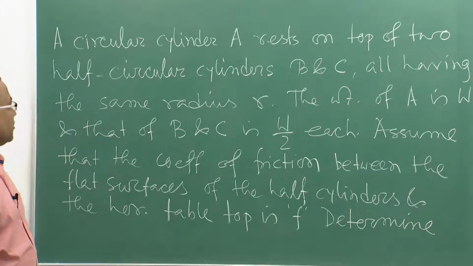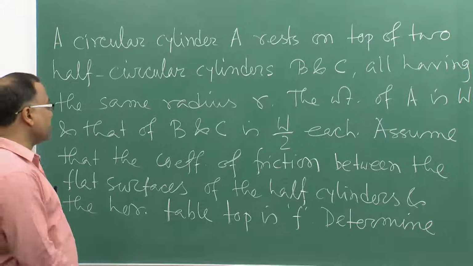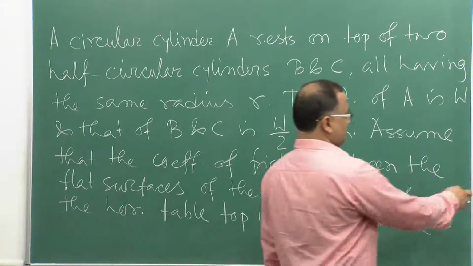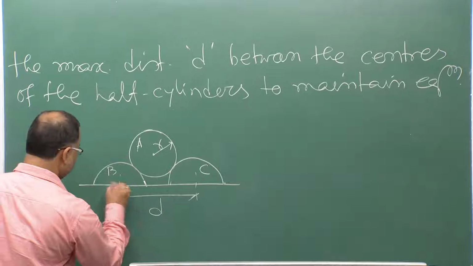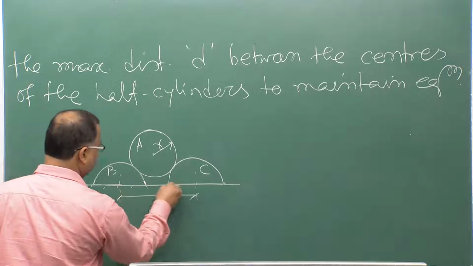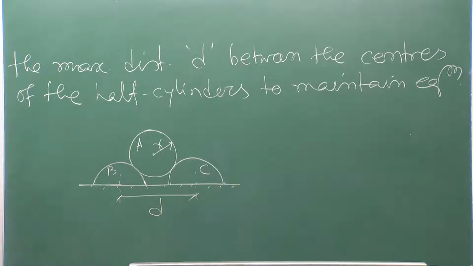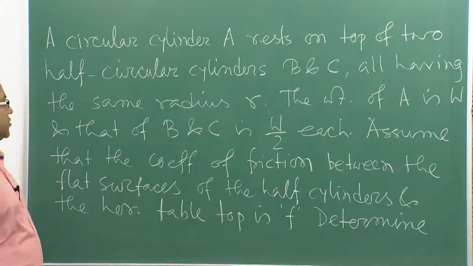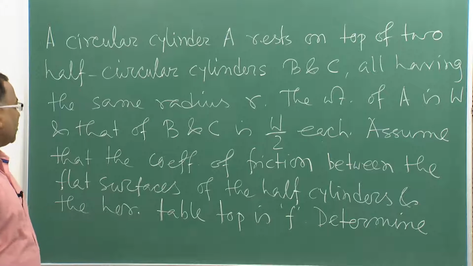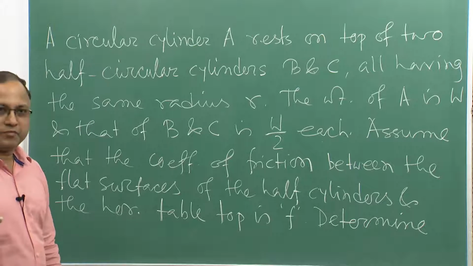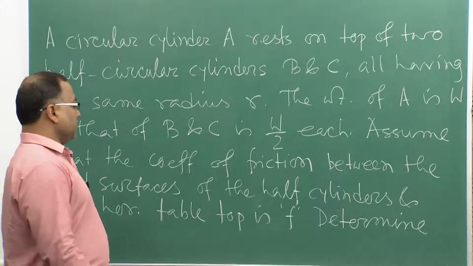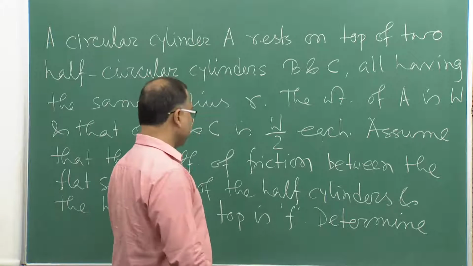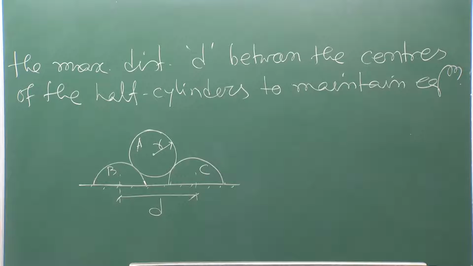This is your tabletop. The coefficient of friction between the flat surfaces of the half cylinders and the horizontal tabletop is small f, the coefficient of friction. Determine the maximum distance d between the centers of the half cylinders to maintain equilibrium.